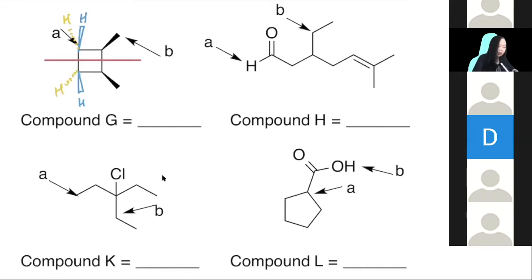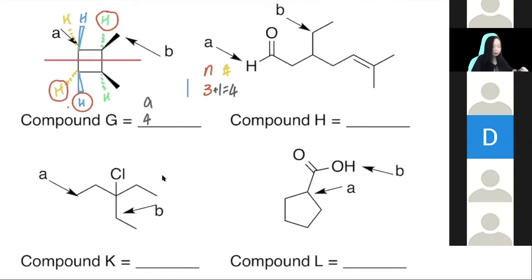And there is a hidden dash hydrogen, neighbor 1, neighbor 2, neighbor 3. So number of peaks is 3 plus 1 equals 4. So for compound G, for A, I'm expecting to see 4 peaks.